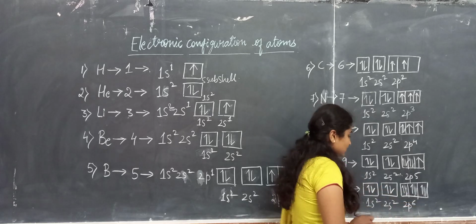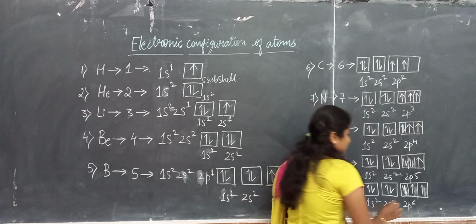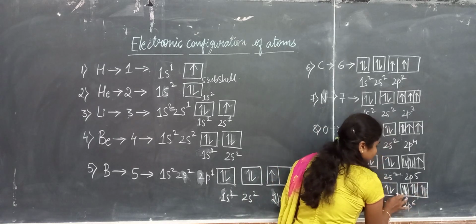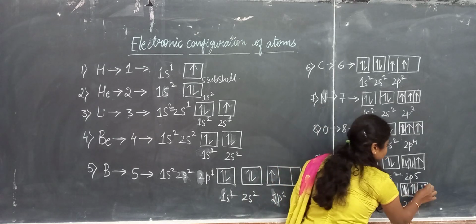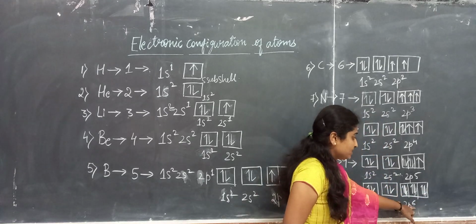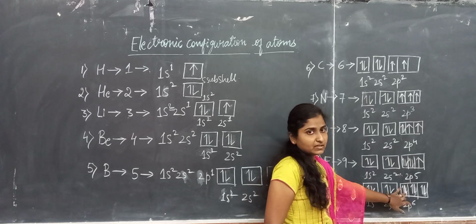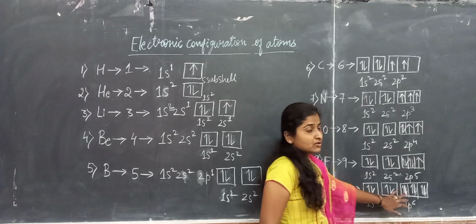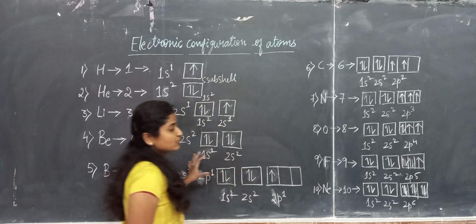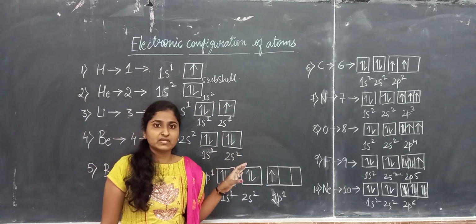Then the 4th electron will pair up with the first, then pairing continues with the 5th electron and then the 6th electron. So the electronic configuration would be 2p6 and the p subshell will be completely filled. In this way we will be using 2 notations to represent the electronic configuration of various atoms.